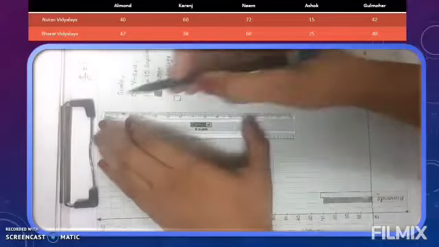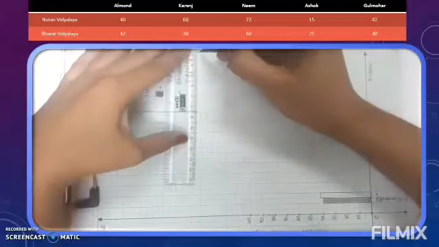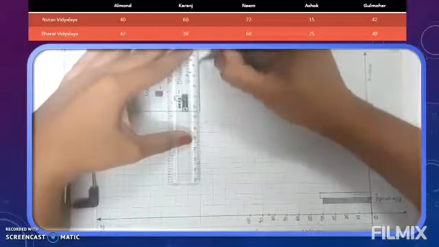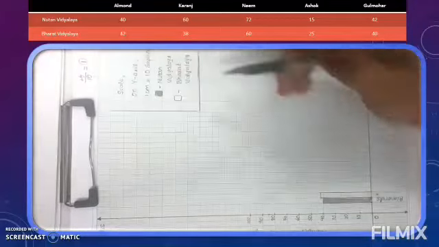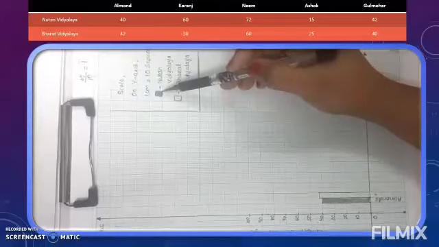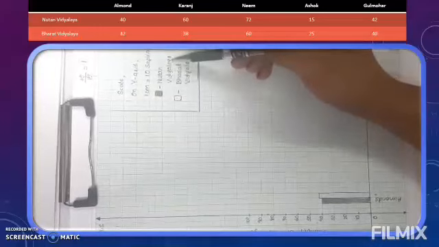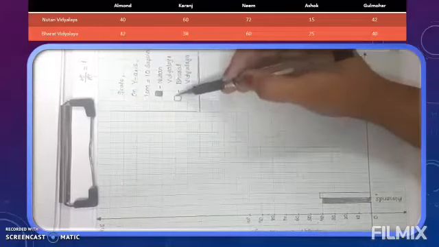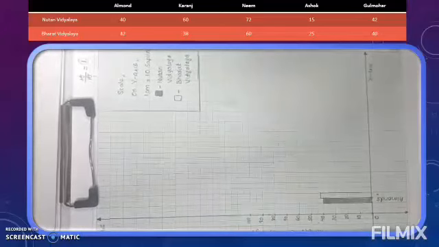So that our work looks neat and clean, we will put this in lines, using the scale only. This is our scale showing 1 centimeter is equal to 10. Our darker bar is showing information about Nutan Vidyalaya, and the blank bar is showing information about Bharat Vidyalaya.